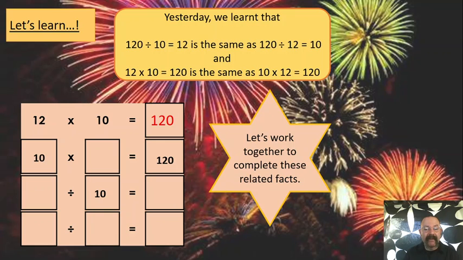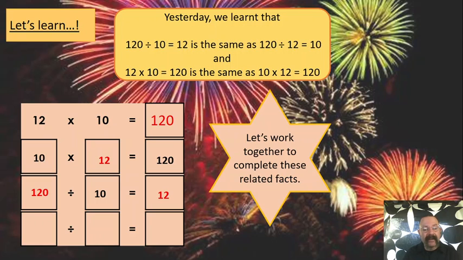So the missing number there should be 12. Okay, and now we're left with something divided by 10 equals something. So we're going to start with the highest value number first. So the highest value number is going to be 120 divided by 10. We're using the same numbers here, and the answer there should be 12.